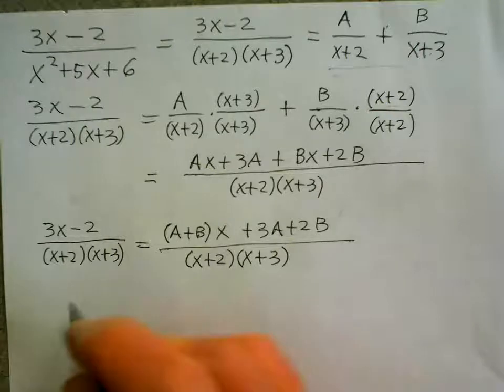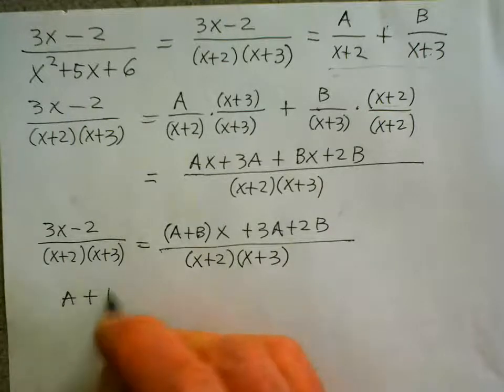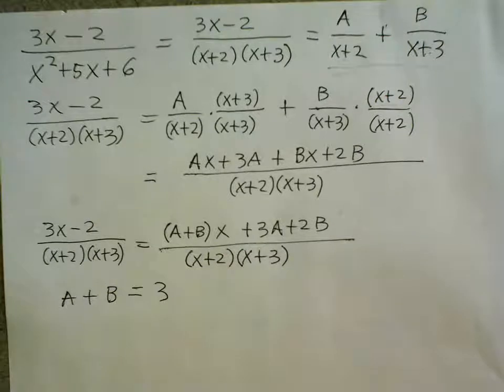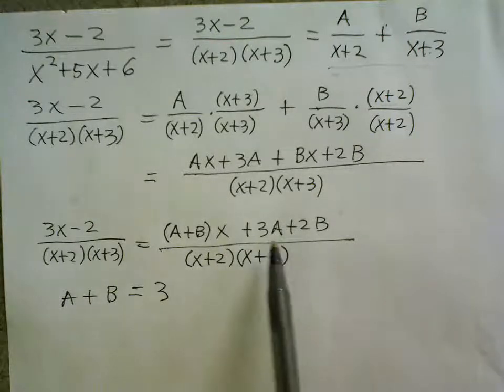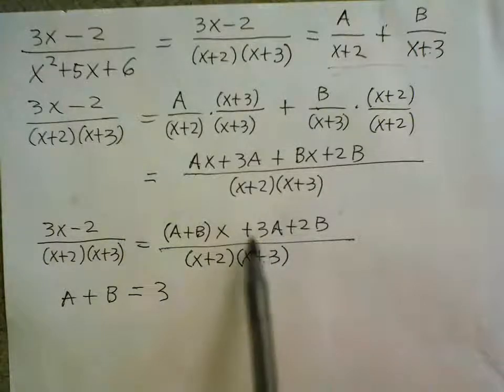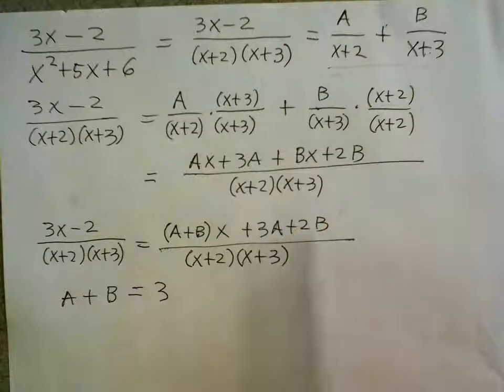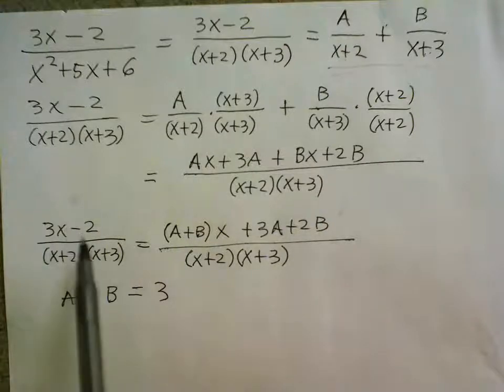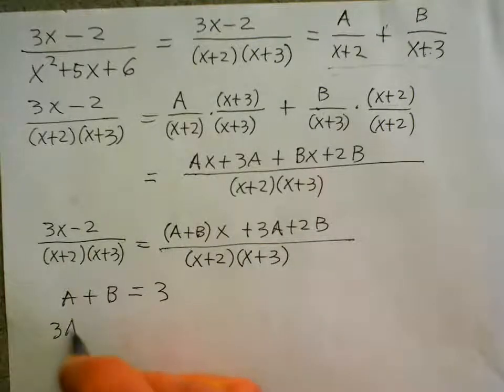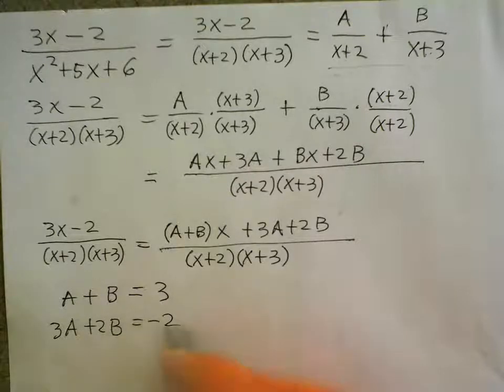So a plus b is equal to 3. And the constants must also be the same. The plus 3a plus 2b must be equivalent to negative 2. So we'll write 3a plus 2b equals negative 2.